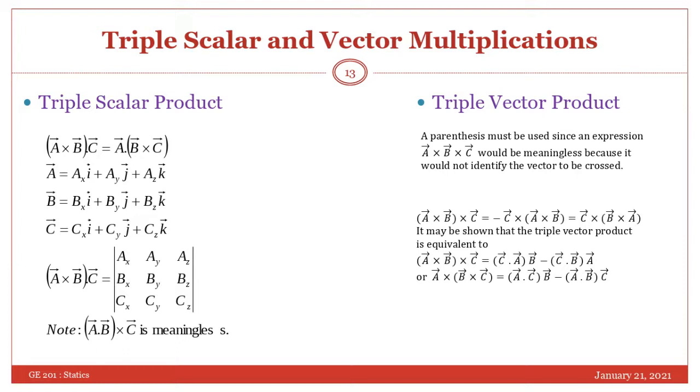So vector A cross vector B dot vector C, definitely it will be a scalar quantity because vector A cross vector B is a vector quantity. So when you are multiplying a vector quantity with another vector quantity with a dot sign, you are doing a scalar multiplication. So the answer has to be scalar. So the answer will be this determinant: ax, ay, az, bx, by, bz, cx, cy, cz. So just expand this, and you will get the value of vector A cross vector B dot vector C.